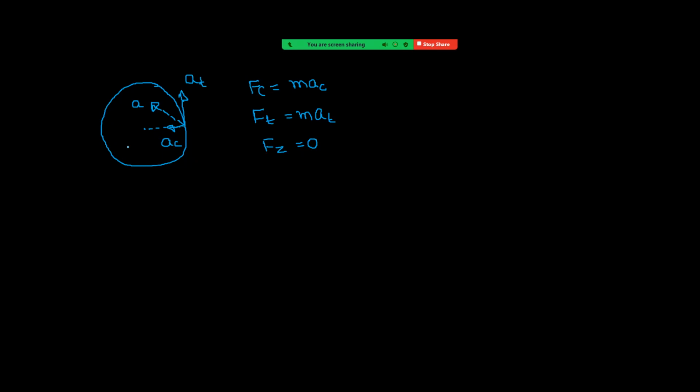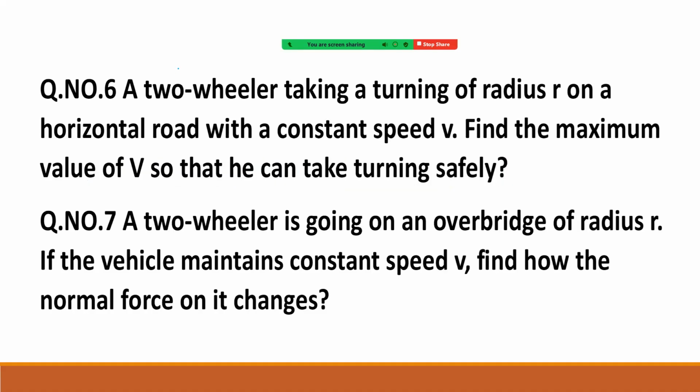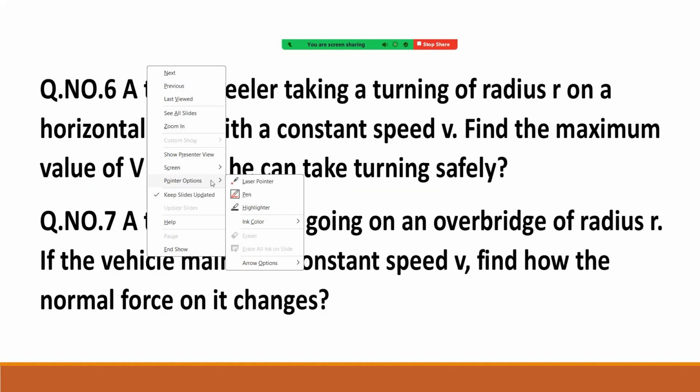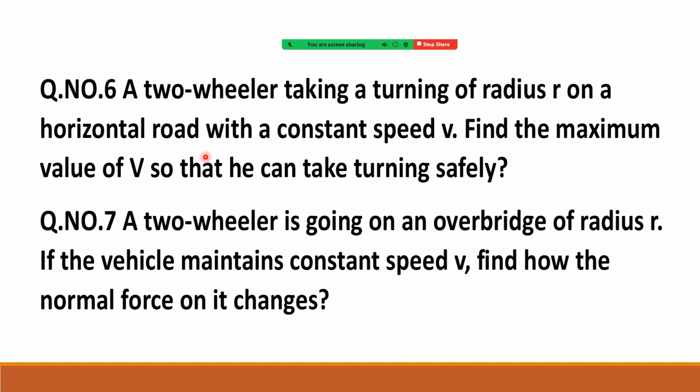See the first one. A two-wheeler is taking a turn of radius r on a horizontal road with a constant speed v. Find the maximum value of v so that he can take the turn safely.